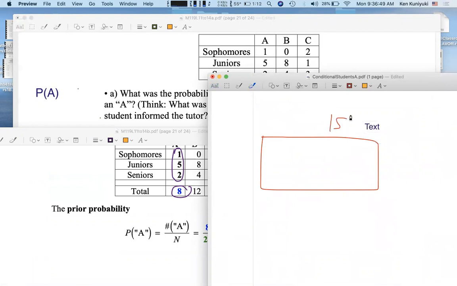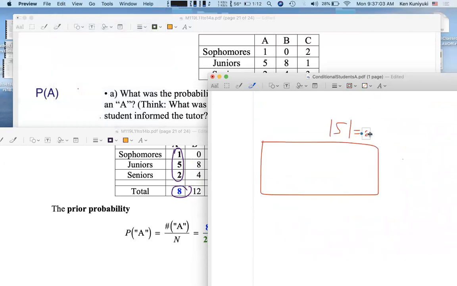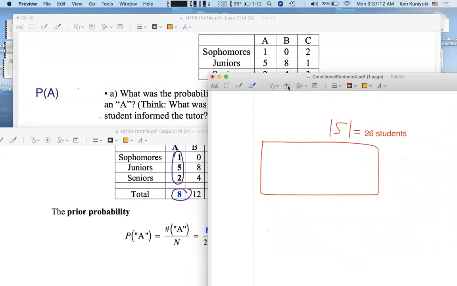We can say that the size of the sample space is 26 students. 8 of them are getting A's.